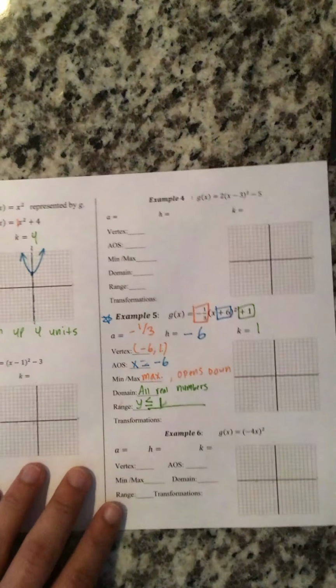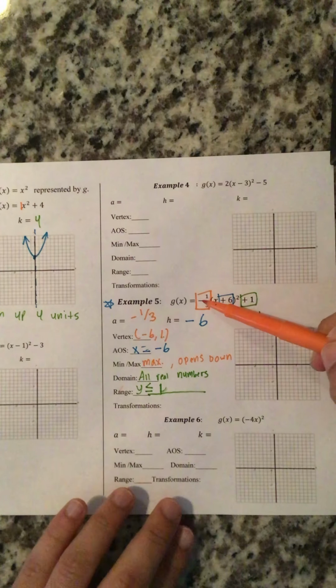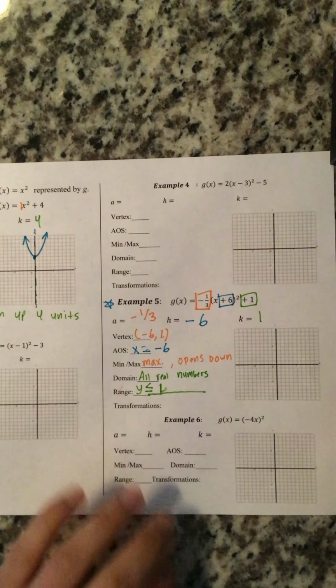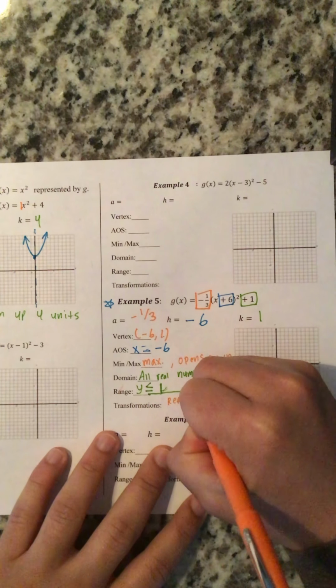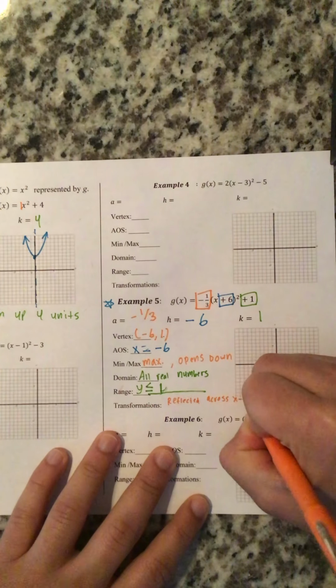Okay. Now let's go to transformations. Let's go left to right. Automatically, I see I have the minus sign. Last week, y'all were really good at finding this. If I have a minus sign, automatically that tells me it is reflected across the x-axis.